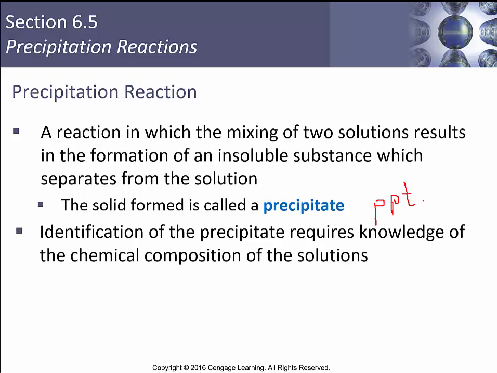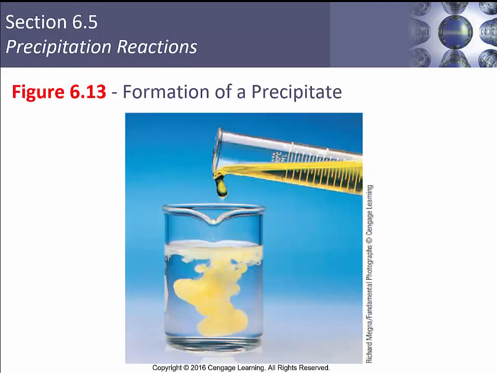So identification of the precipitate requires knowledge of the chemical composition of the solutions, right? You can't just take two random things and say, I formed a precipitate. You've got to know what your starting materials are to figure out whether or not it's going to make a precipitate. And there are some rules for that. Here's a great picture of that.